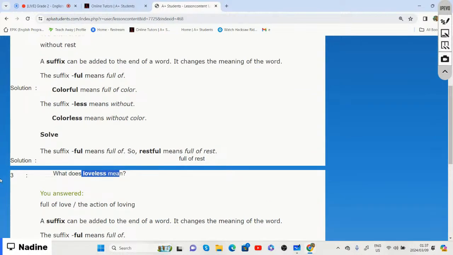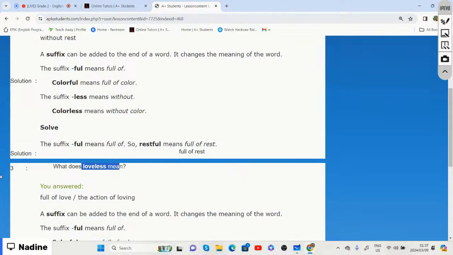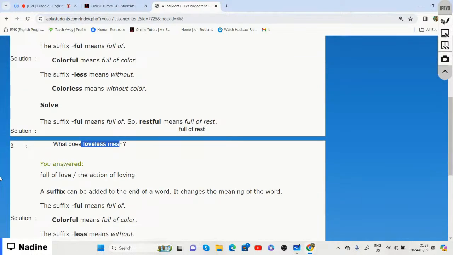So loveless basically means it is without love, right? No action of love. That is what it means. It is without love, or there's no action of love.